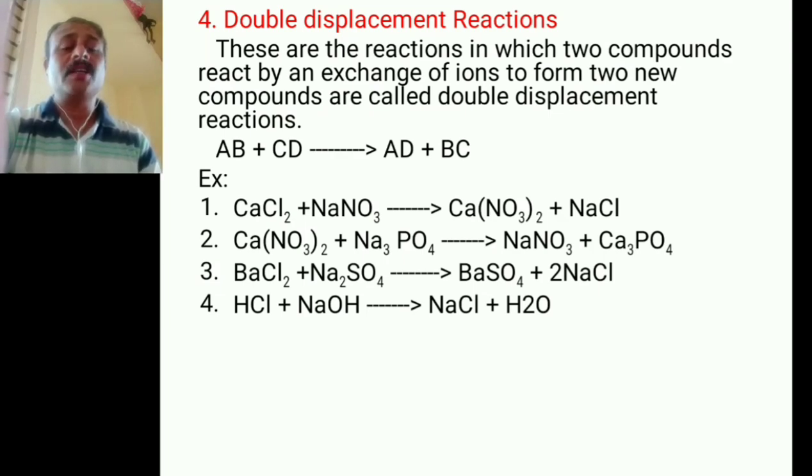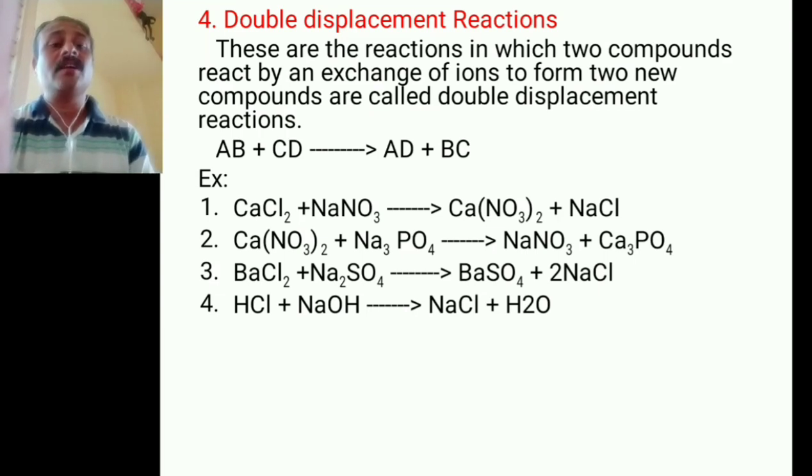And you studied in your previous classes that when an acid reacts with a base, a neutralization reaction takes place and produces salt and water. So that is an example, the fourth one. The neutralization reaction is also an example of double displacement. HCl combines with NaOH: H combines with OH and forms H2O, whereas sodium combines with Cl and forms NaCl.